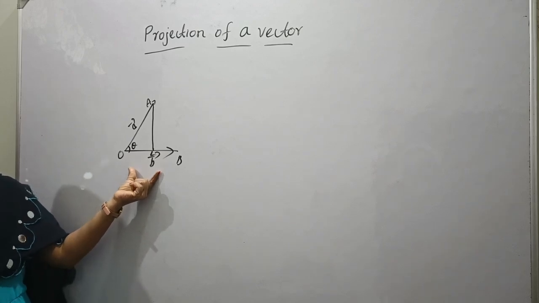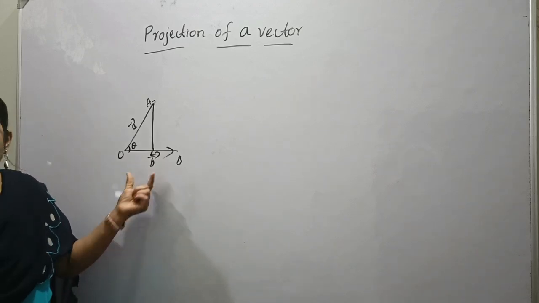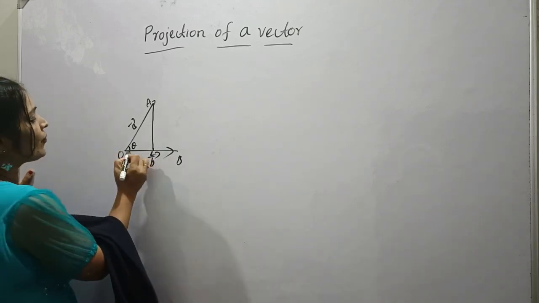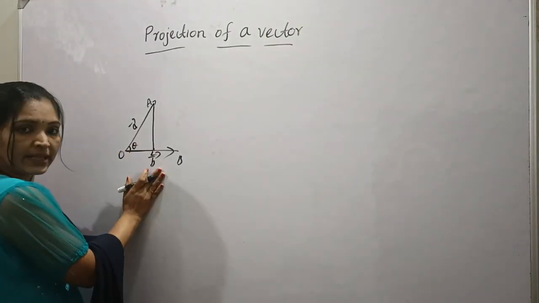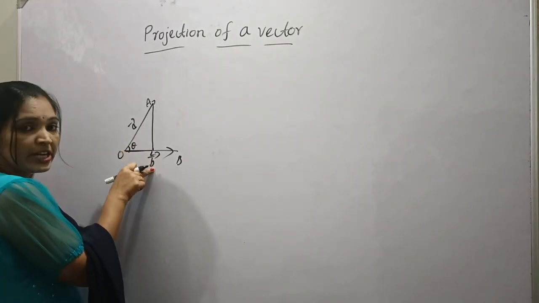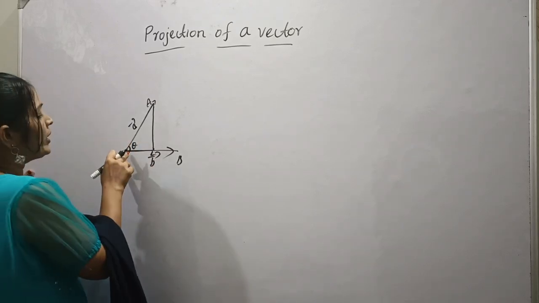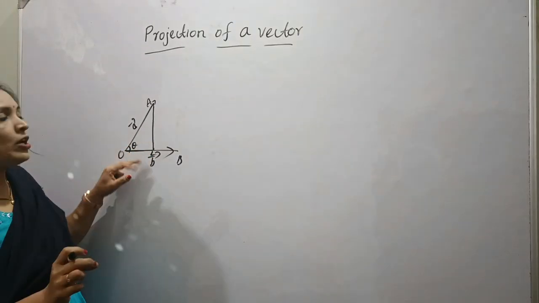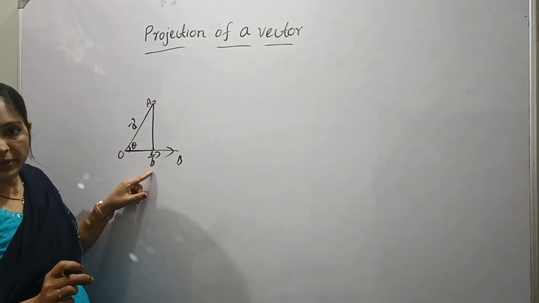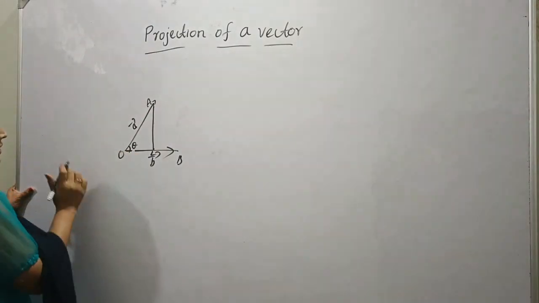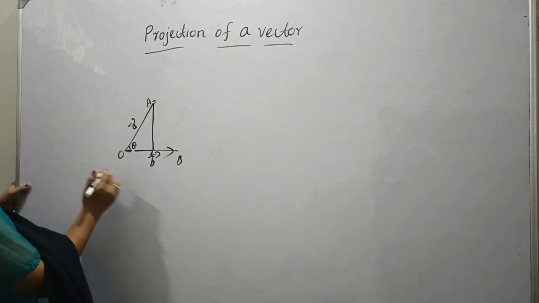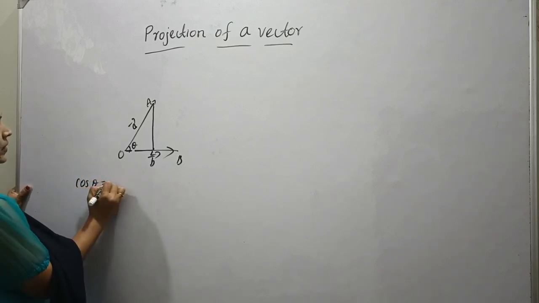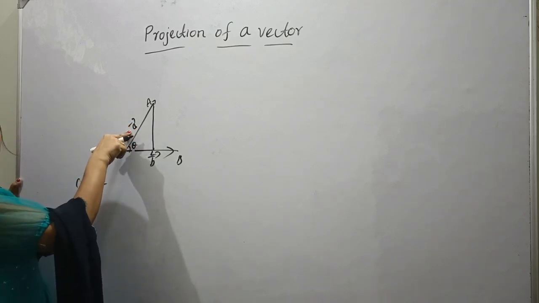Okay, that I told. See, here projection vector is the length of the shadow of the vector on another vector. See, another vector is vector B. Okay, so here OL is the projection of vector A on vector B. Here we can write it is the angle theta, right? Angle between vector A and vector B. So what is cos theta? Adjacent divided by hypotenuse, right?